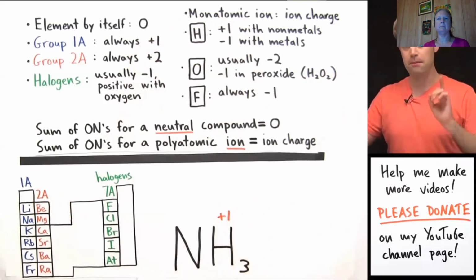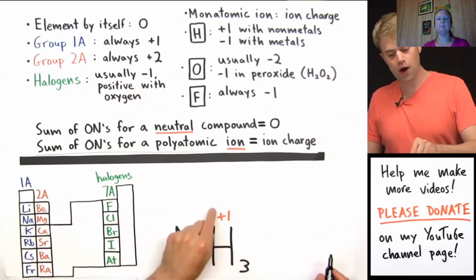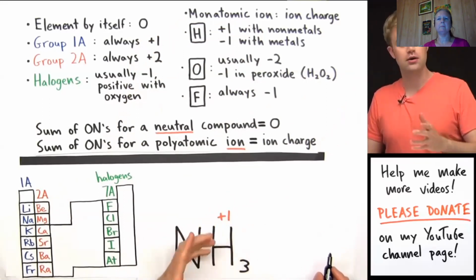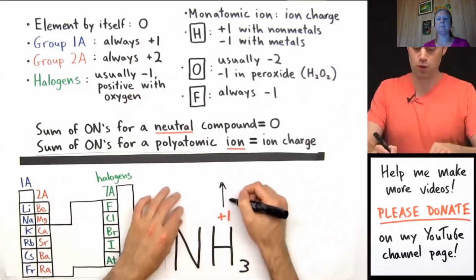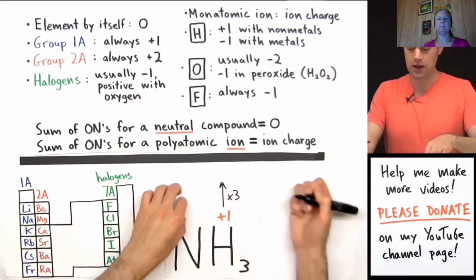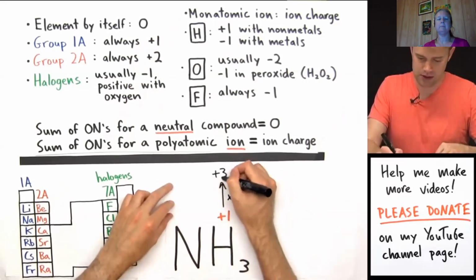Okay, but there are 3 hydrogens. Each one of them has a +1. So we have to multiply this +1 times 3 for the 3 hydrogens, and that's going to give us +3.